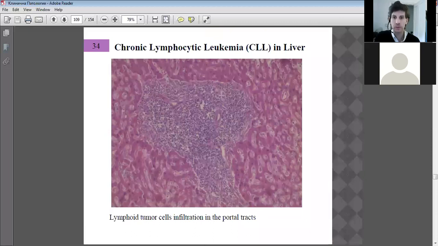Leukemia in the liver. Well, we've got some normal hepatocytic tissue, but here we have an invasive area. Infiltrates in the portal tracts, and as you can see, there's a lot of cell division happening here, and it's lymphocytic. Lymphocytes, second defense of the white blood cells.